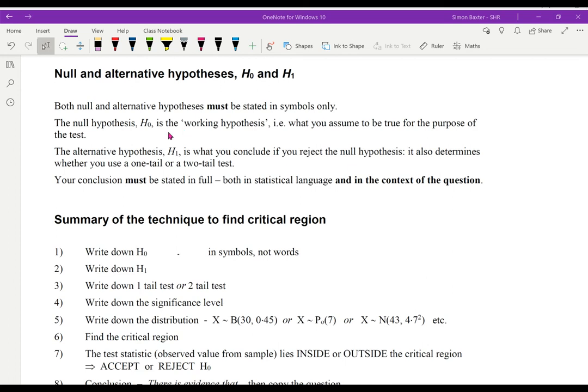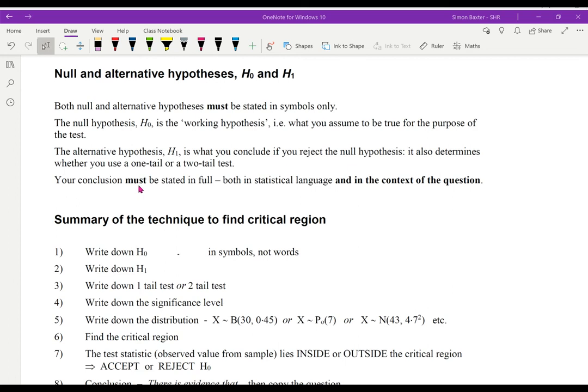Or if you're dealing with Poisson, H0: lambda equals 7. H1 is what you would do if you reject the null hypothesis, and it also determines whether you use a one or a two-tail test. So H1: P greater than 0.3, one-tail test. P not equal to 0.3, two-tail test.